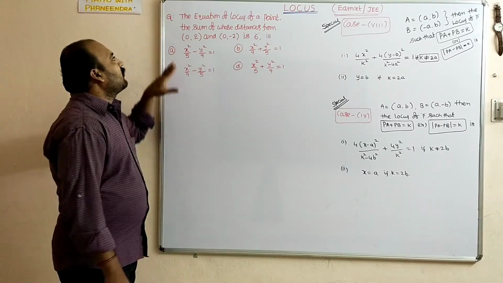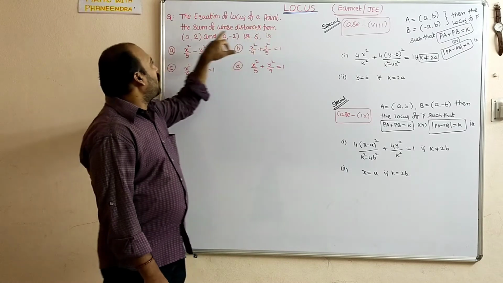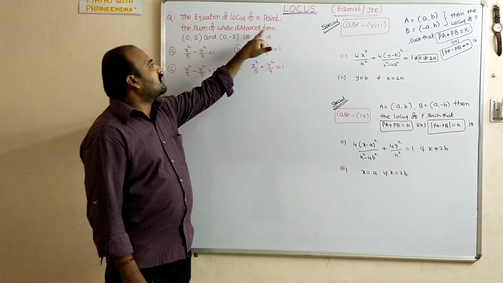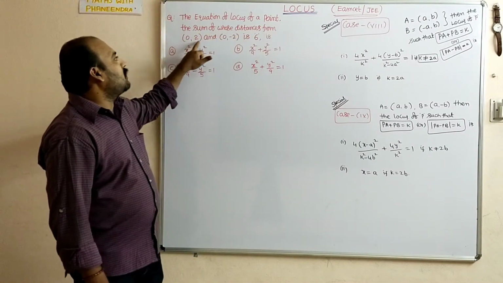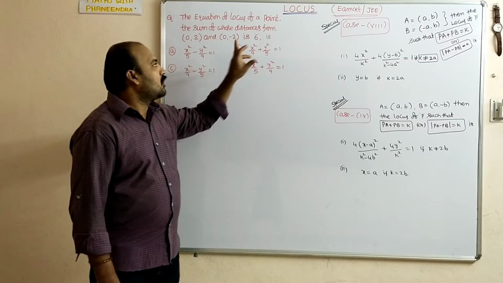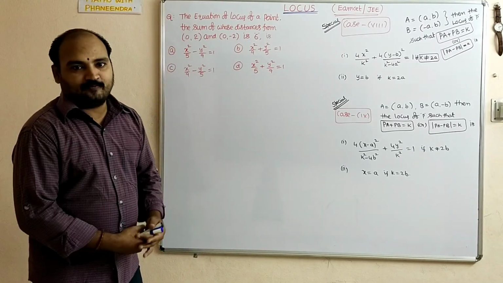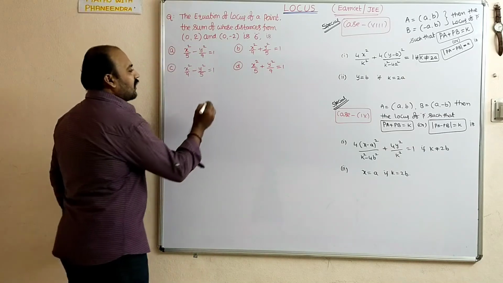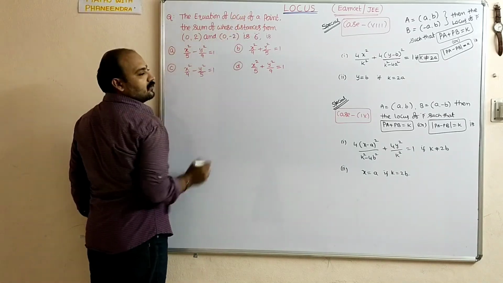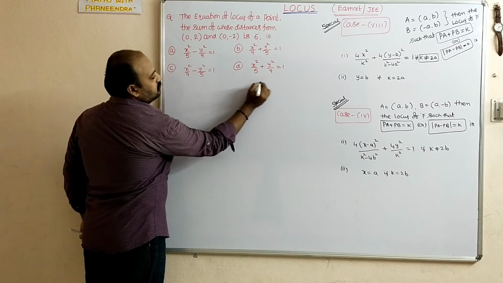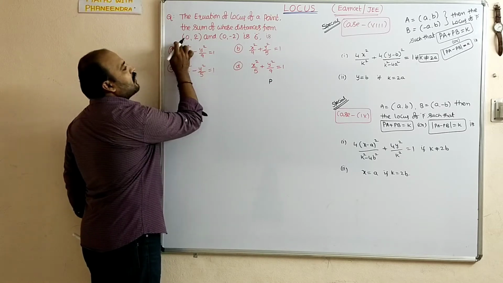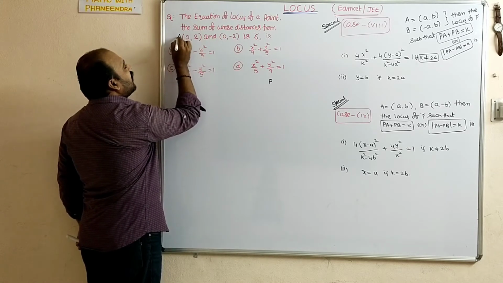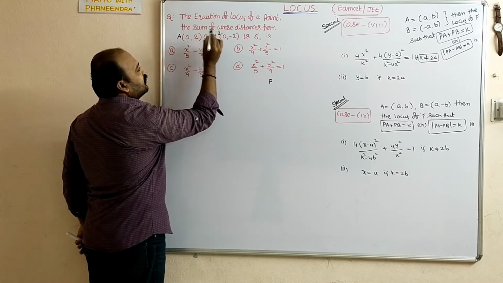See here, the equation of locus of a point, the sum of whose distances from (0, 2) and (0, -2) is 6. The locus point we are assuming as P, and the given points we are taking as A and B respectively.